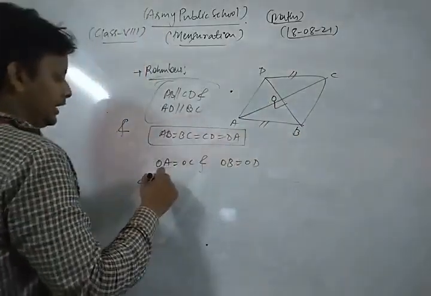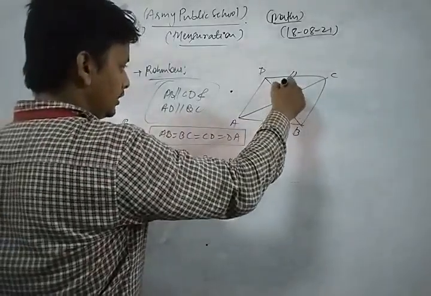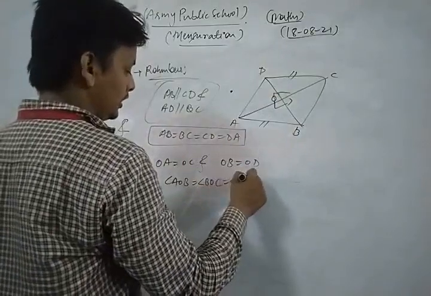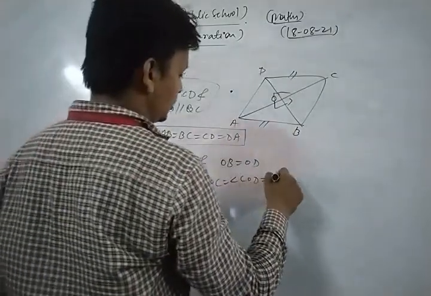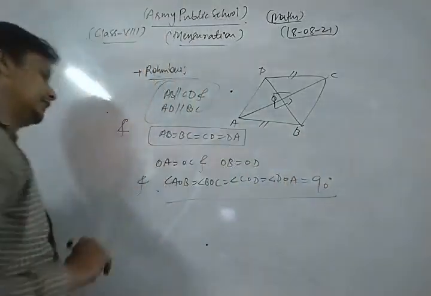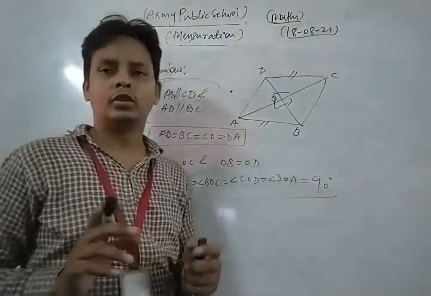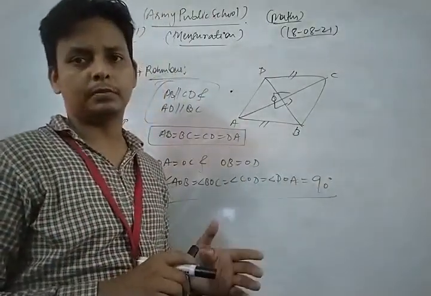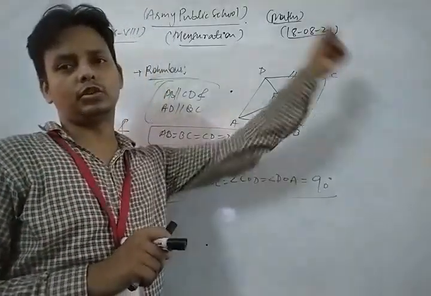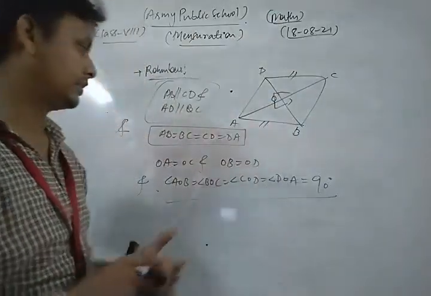So angle AOB, angle BOC, angle COD and angle DOA are each equal to 90 degrees. This is the whole concept of the rhombus.